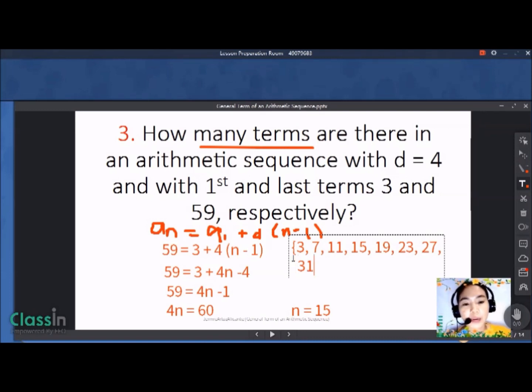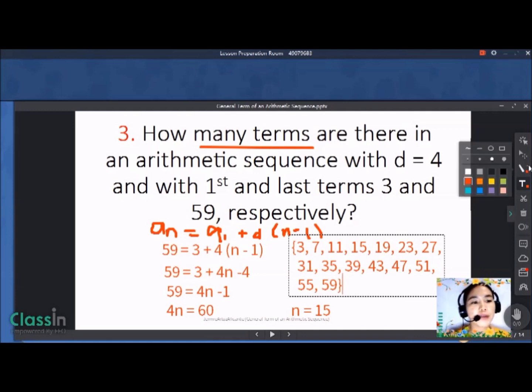Okay, 31, 35, 39, 43, 47, 51, 55, and 59.